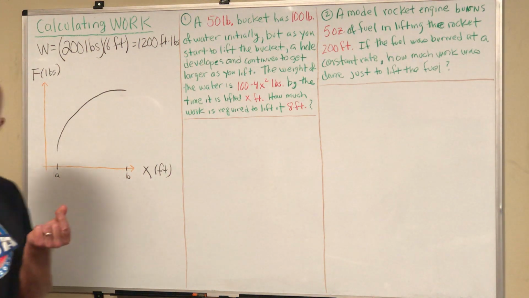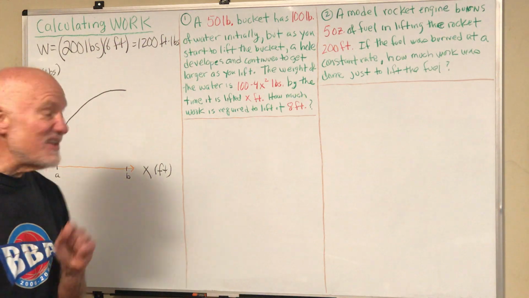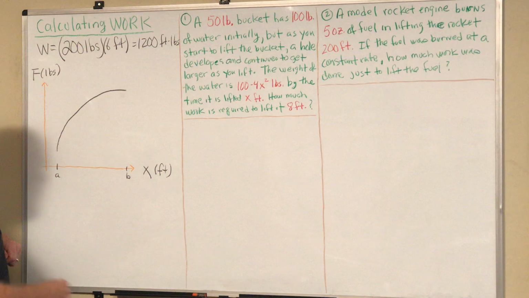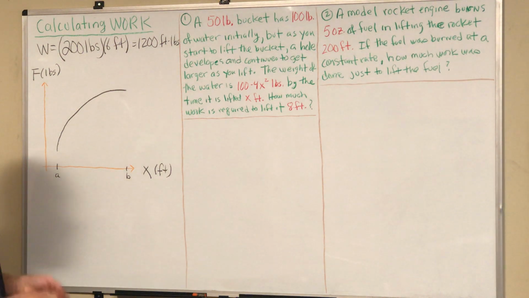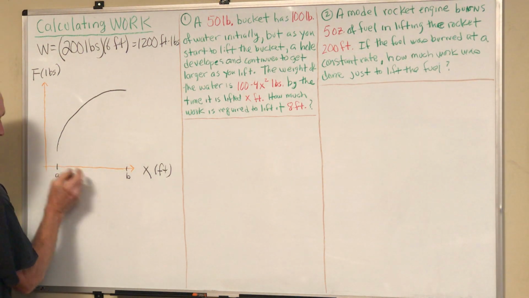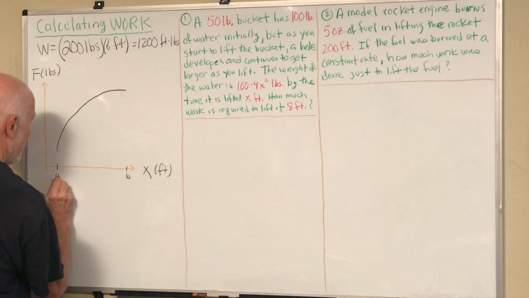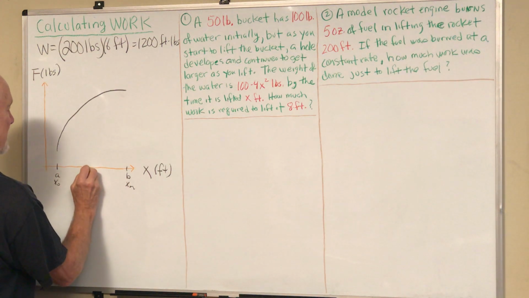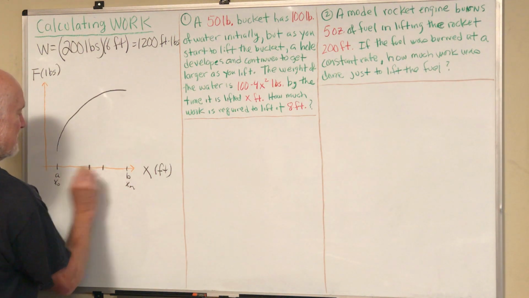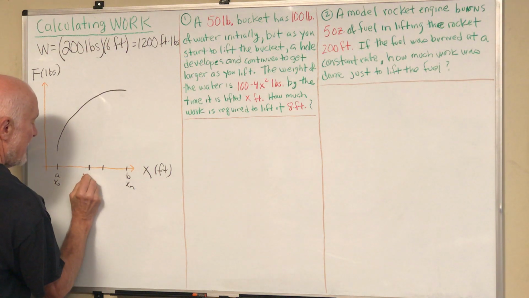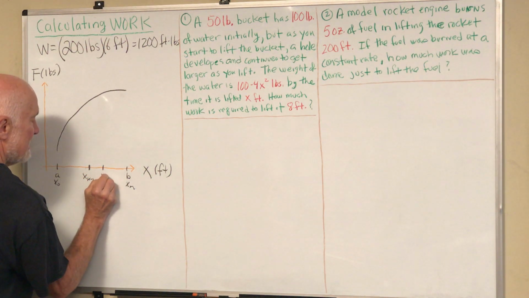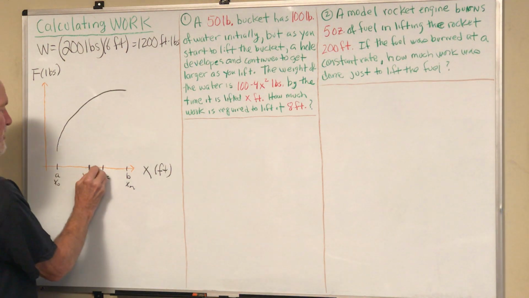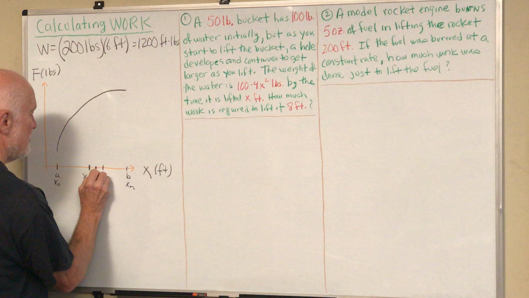Well, what we have to do, and again, as you may have guessed, is we're going to break this distance from A to B up into n different smaller distances. And we're going to call this x sub 0 and x sub n, and we're going to pick a section from x sub k minus 1 to x sub k, the kth section, and then we'll randomly pick out a value in there called c sub k.